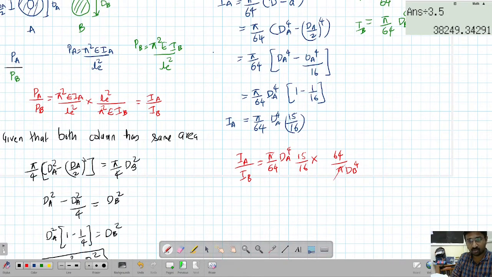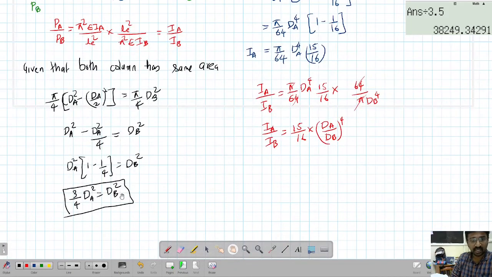So this pi will go, 64 will go. So IA by IB will be equal to 15 by 16 into (dA upon dB) to the power 4. Okay, now can we use this? dA upon dB square is nothing but 4 by 3.